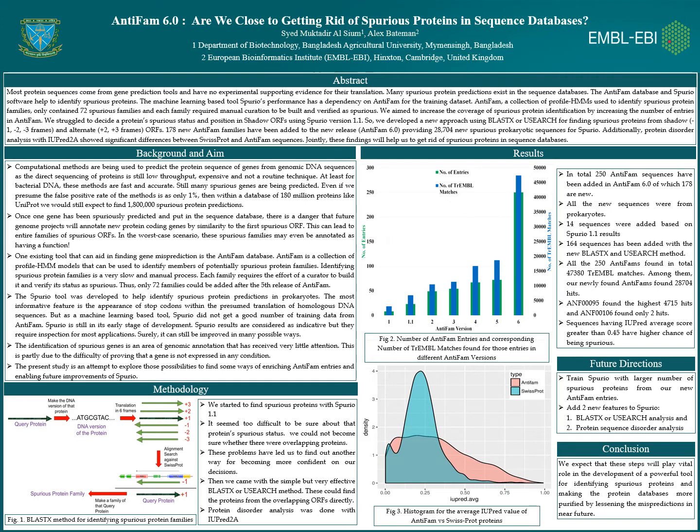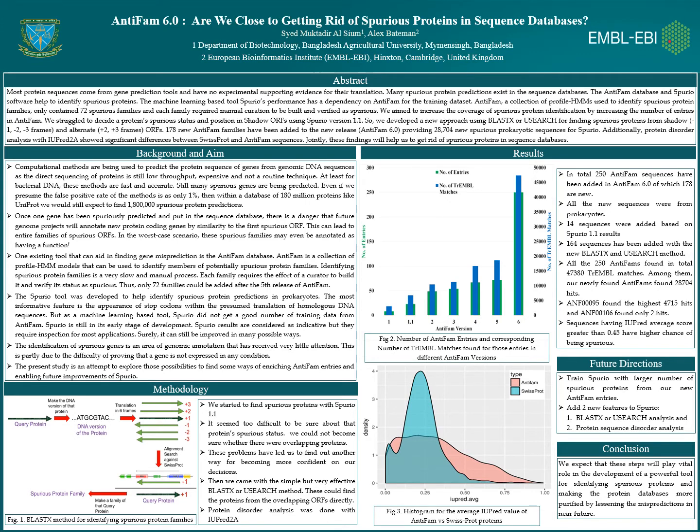Another machine learning based tool, Spurio, was developed to help identify spurious protein predictions in only prokaryotes. The most informative feature for this is the appearance of stop codons within the presumed translation of homologous DNA sequences.